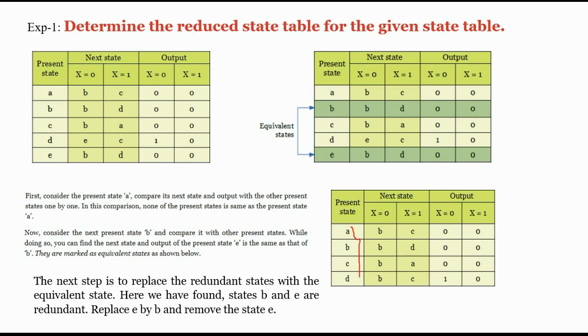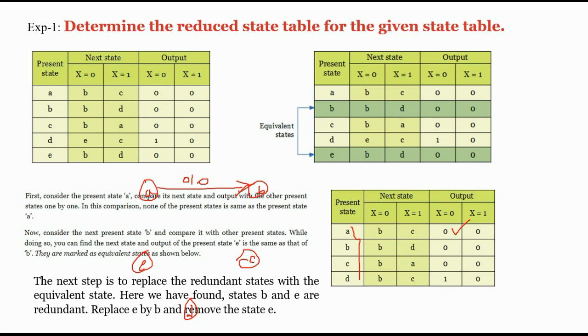See how many states are there: A, B, C, D. So you have to draw A, B, C, D. First you do the analysis here. x equal to 0, that means input is 0, so A goes to B, and the input is 0, output is also 0.